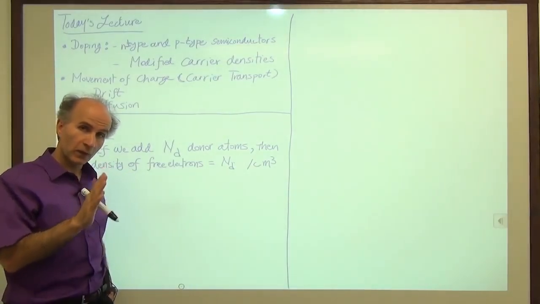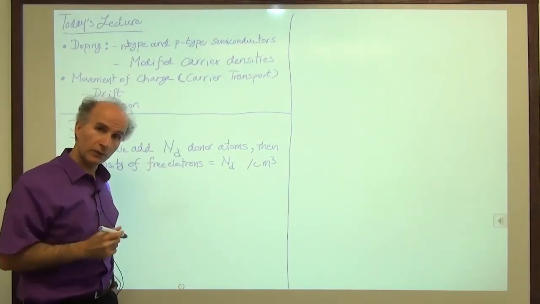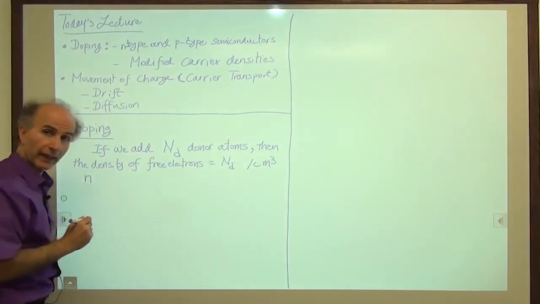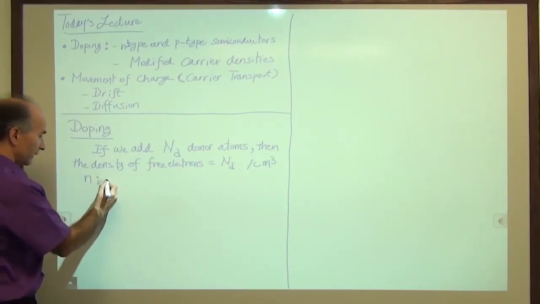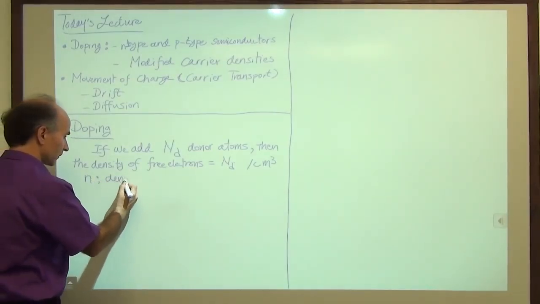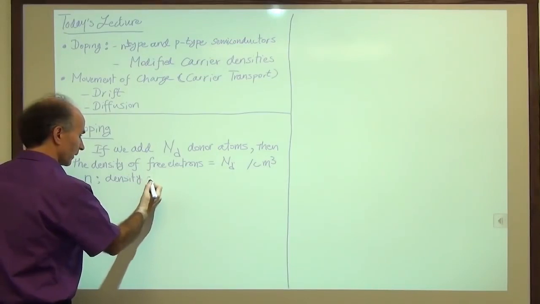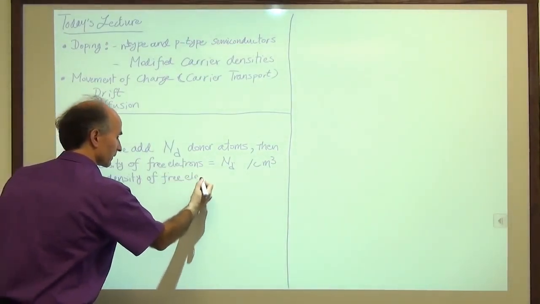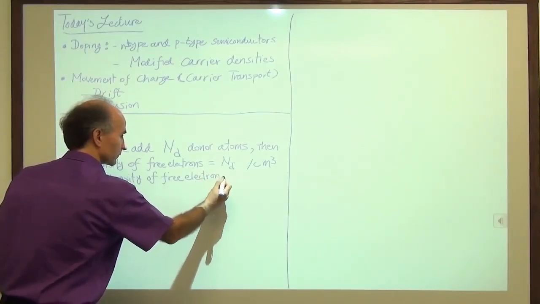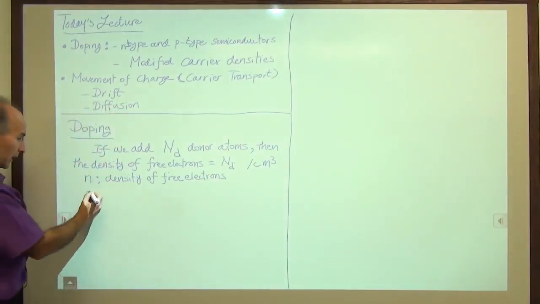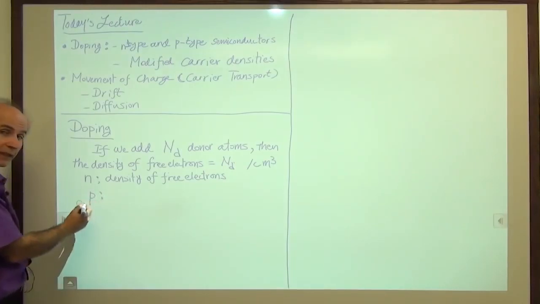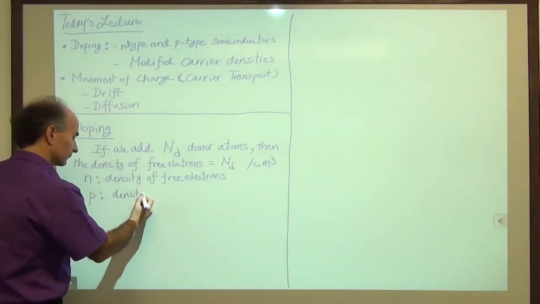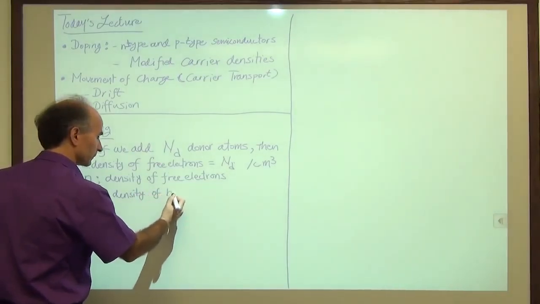So to make sure that we're not confused, we will also introduce the following notation. We'll say n, little n, is the density of free electrons, and p, lowercase p, is the density of holes.